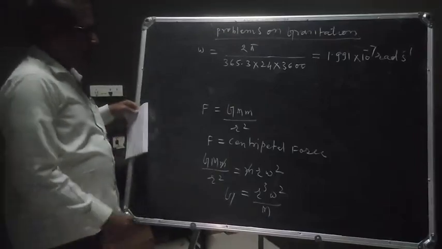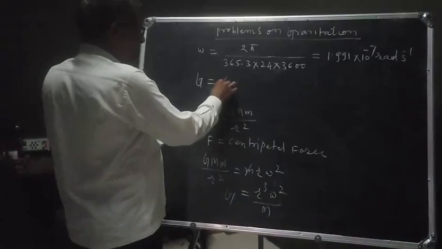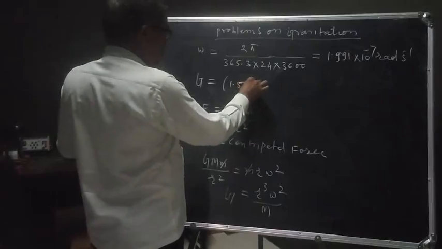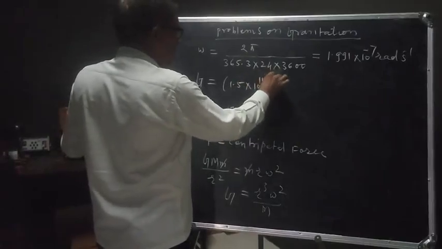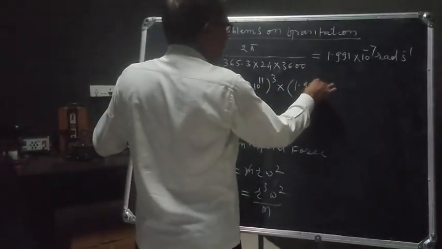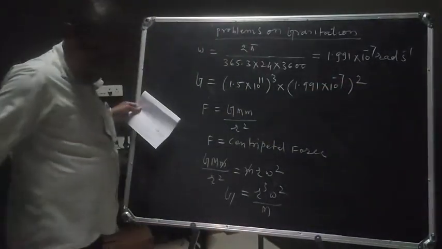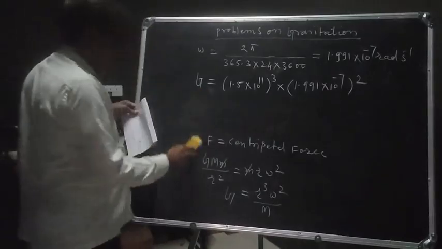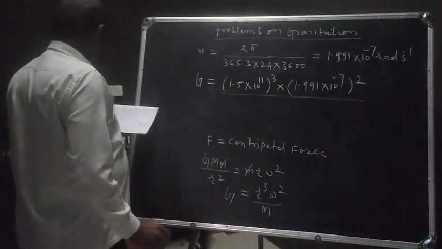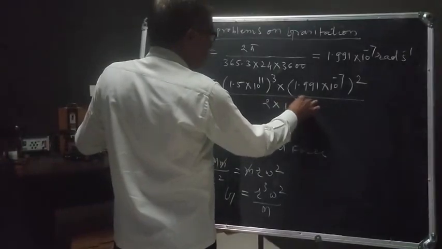Now putting these values in the formula for G. Therefore, G is 1.5 into 10 raised to 11 whole cube into 1.991 into 10 raised to minus 7 whole square upon the value of M, the mass of the sun, which is given as 2 into 10 raised to 30 kilogram.